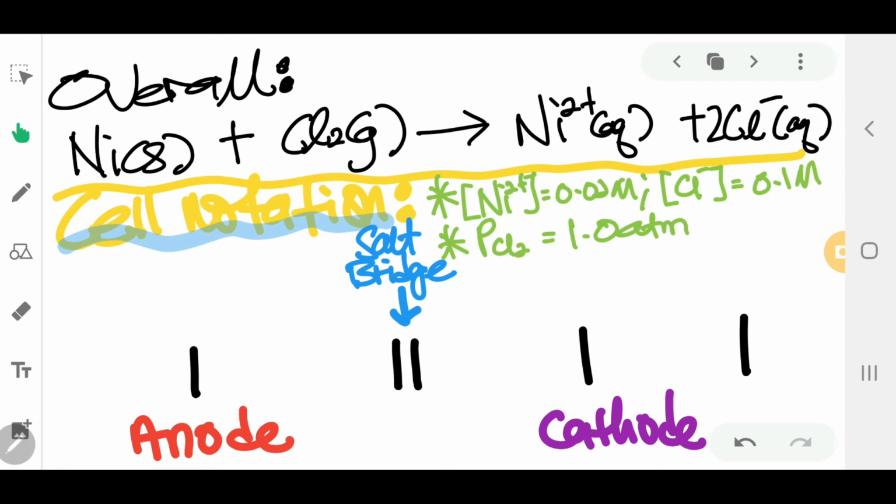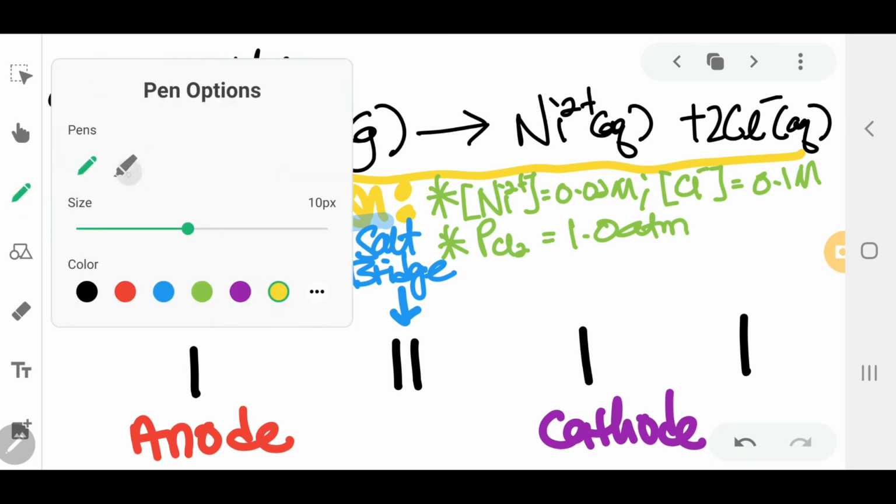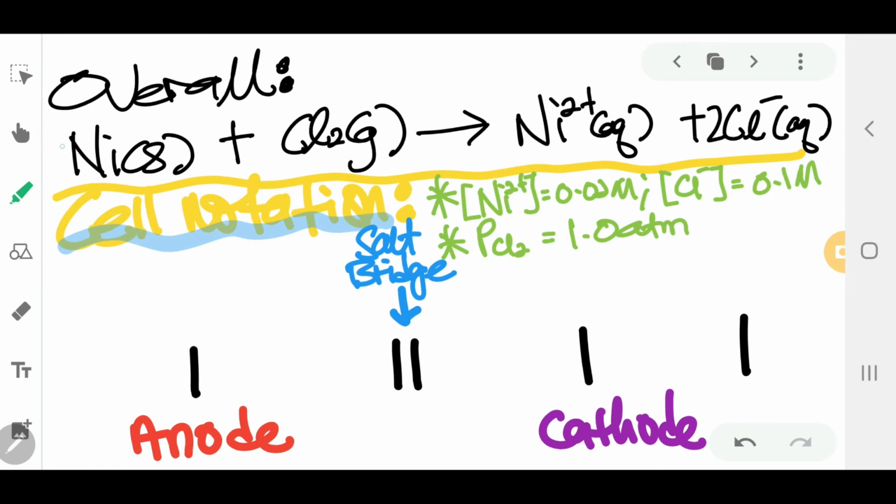To write the cell notation for this, we're going to start with identifying who will be reduced and who will be oxidized. We're going to apply the same type of technique. So the anode will be the one oxidized. So oxidation is losing of electrons.